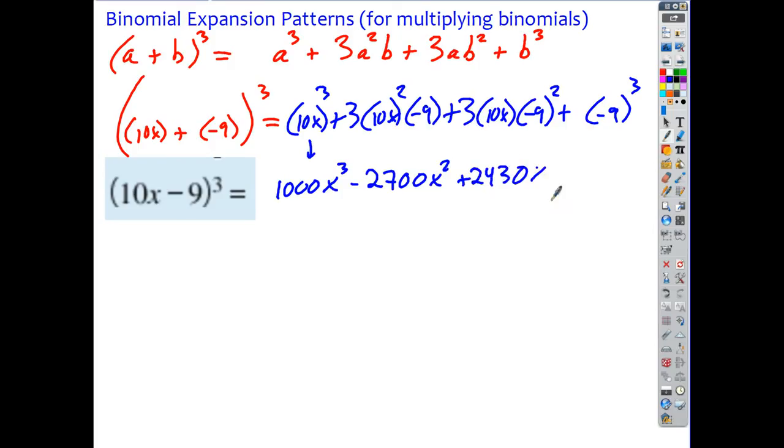I just add a 0, right? And there's my x. And then negative 9 cubed, well, negative 9 times negative 9 is 81, times negative 9 is what? 729. Okay. That's it. You get the idea?